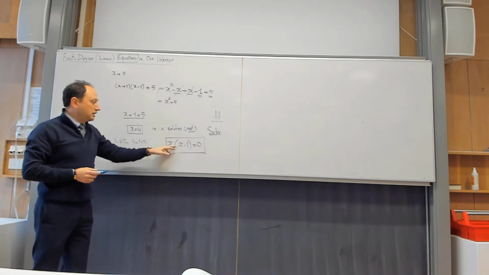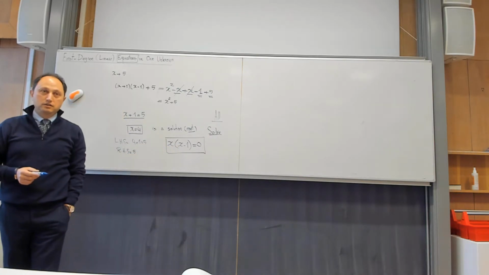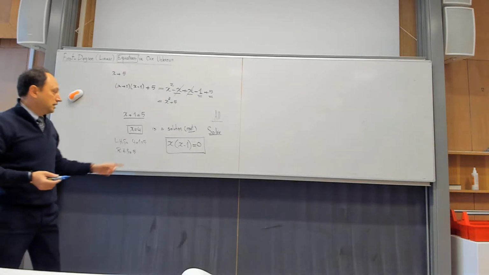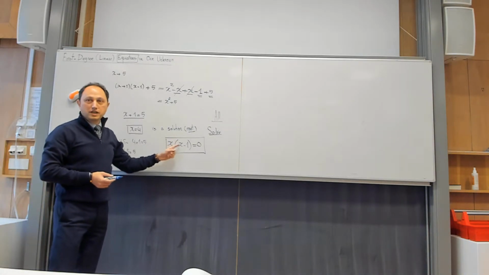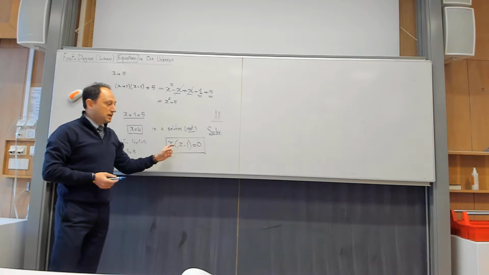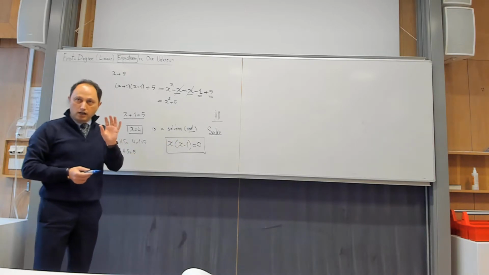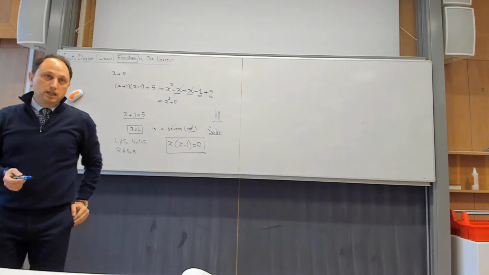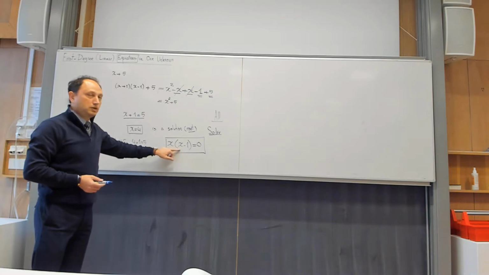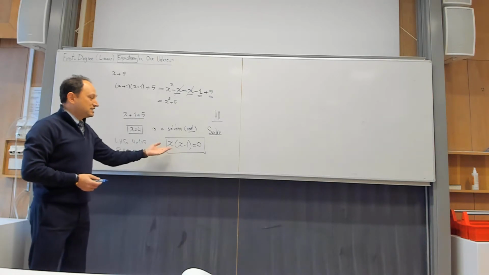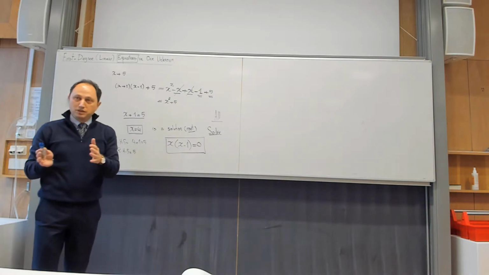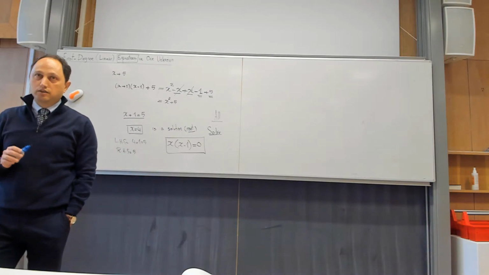But what is the highest power of x in this expression? Yes? 2. Why? Because if you multiply that, it becomes x squared minus x, and the highest exponent becomes 2. So this is not a first degree equation. This is a second degree equation. That would be the topic of Math 2C in general.